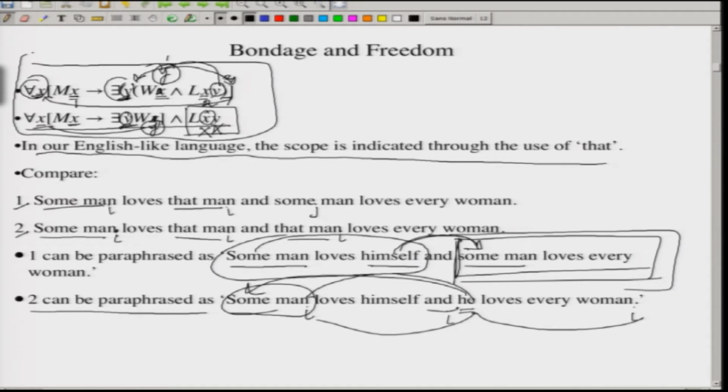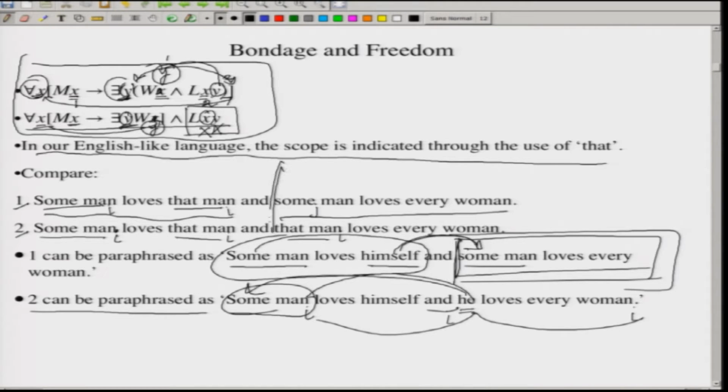In a natural language, binding and freedom are comparatively more difficult. It is because you need to understand that through words. In our English-like language, once again this is easier than it is in real language. It is easier because we consistently say all these things, some man loves that man and some man loves every woman.